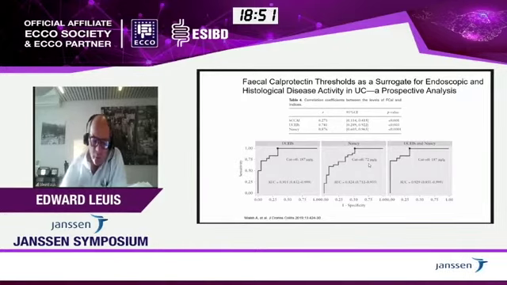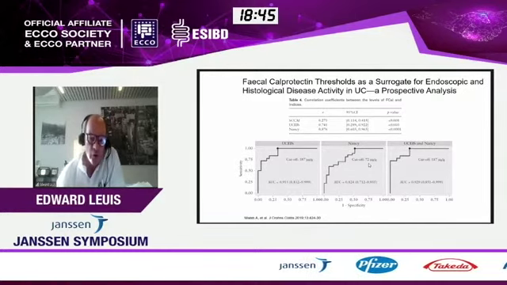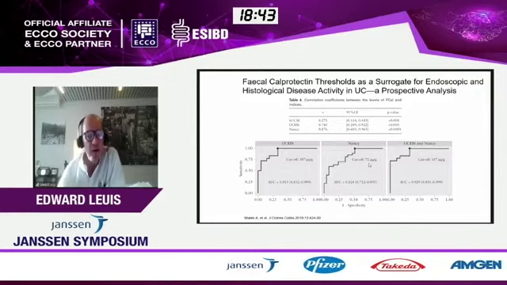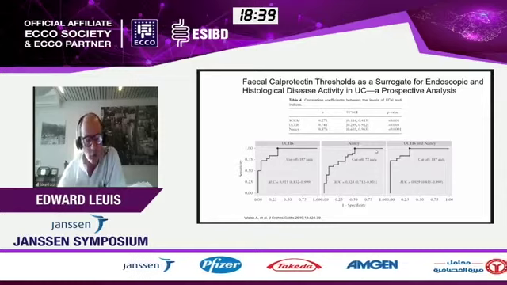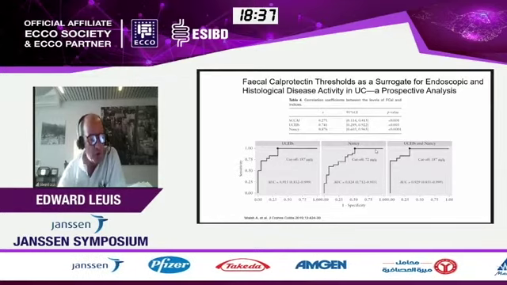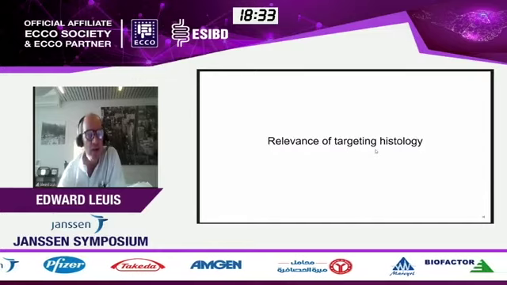So what we have learned also with fecal calprotectin is that the threshold we have to use depends on the degree of healing that we want to reach. But clearly, this is a marker which is here to stay, and which represents not only endoscopic healing in UC, but also histologic healing.